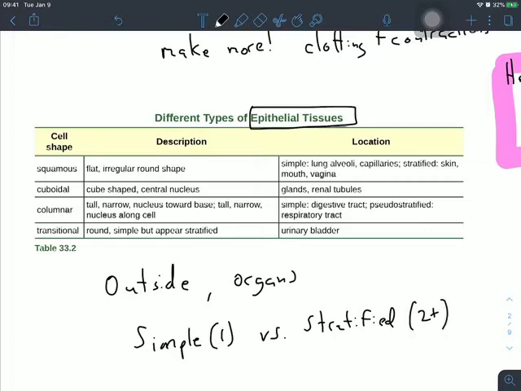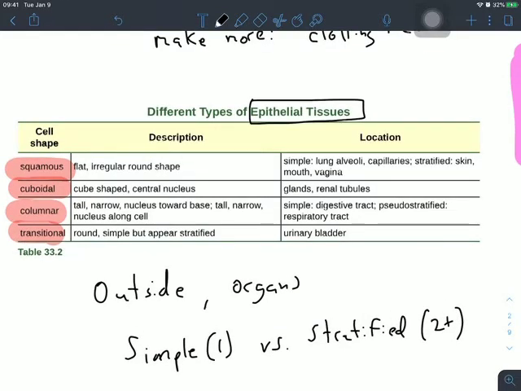These epithelial tissue types include squamous cells, cuboidal cells, columnar cells, and transitional cells. Squamous cells are perhaps the ones that you recognize the most because they make up your skin and mouth. And then you have squamous cells within your lungs and blood vessels or capillaries.